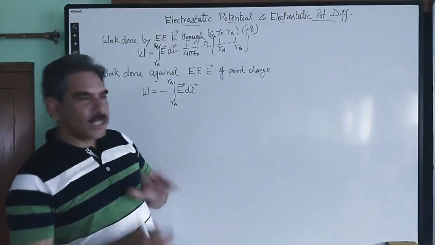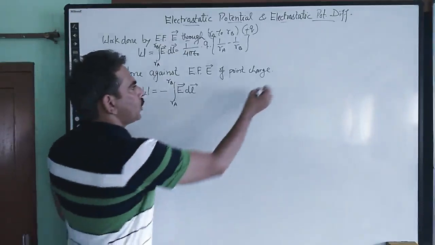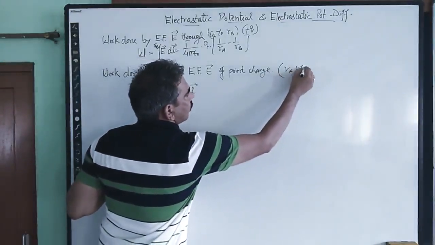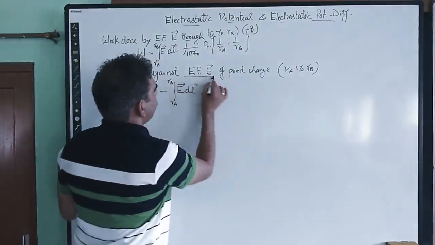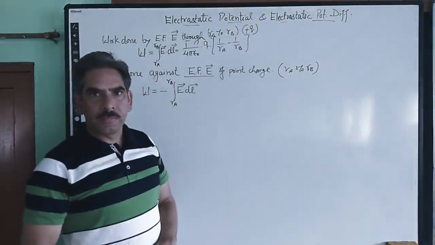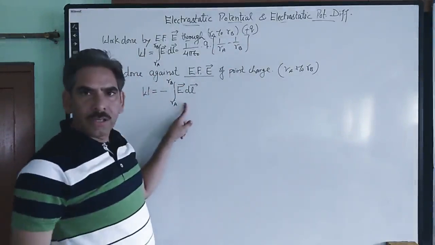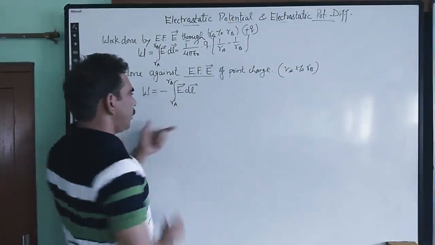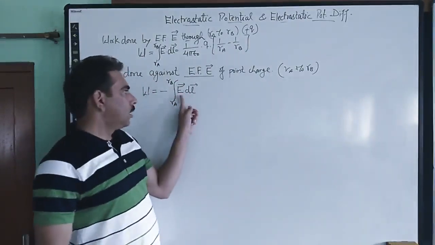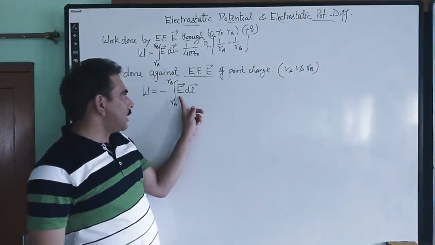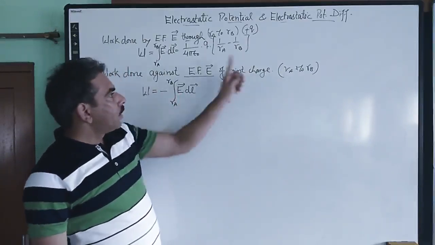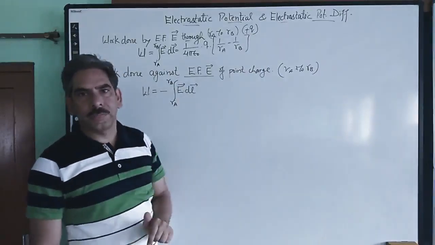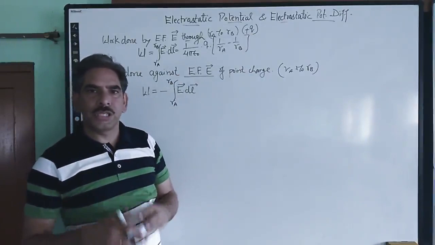If the work is being done between the two positions RA to RB against the electric field E of the given charge, then the work done will be of equal amount, but it will be of negative nature because work is being done against the electric field, or we can say electric force exerted by the given charge on the unit positive charge, which is also called the unit positive test charge.